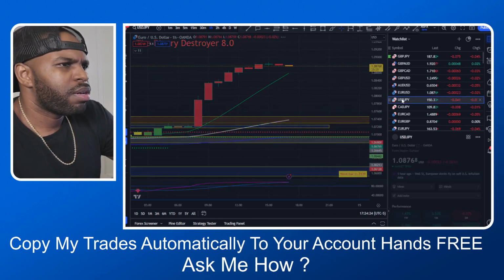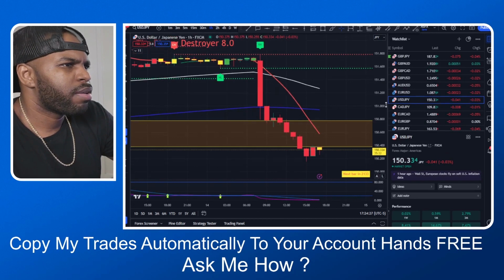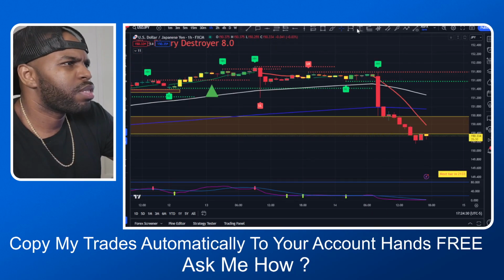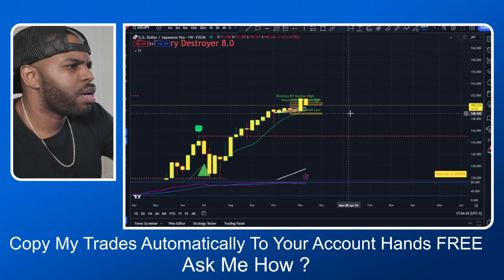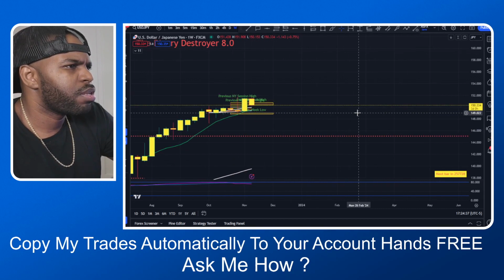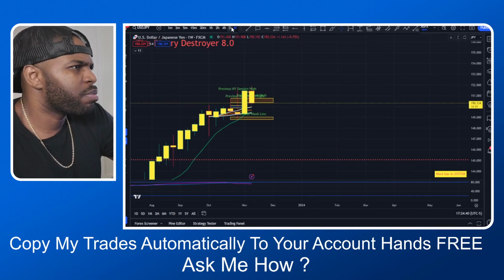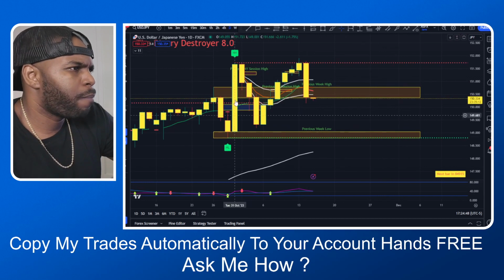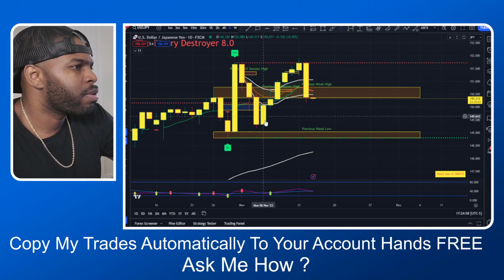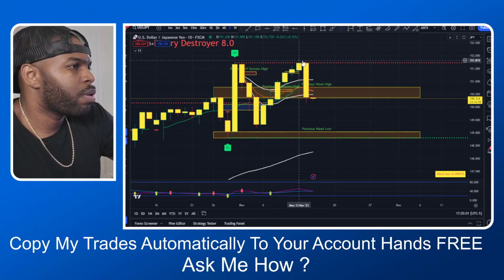same thing. USD JPY. Let's look at the weekly. Let's see what that's doing. We're definitely in an uptrend right now at the moment, and it looks like it's giving us a pullback. Daily, higher low, higher high. See how you see this movement? Higher low, higher high, higher low, higher high.